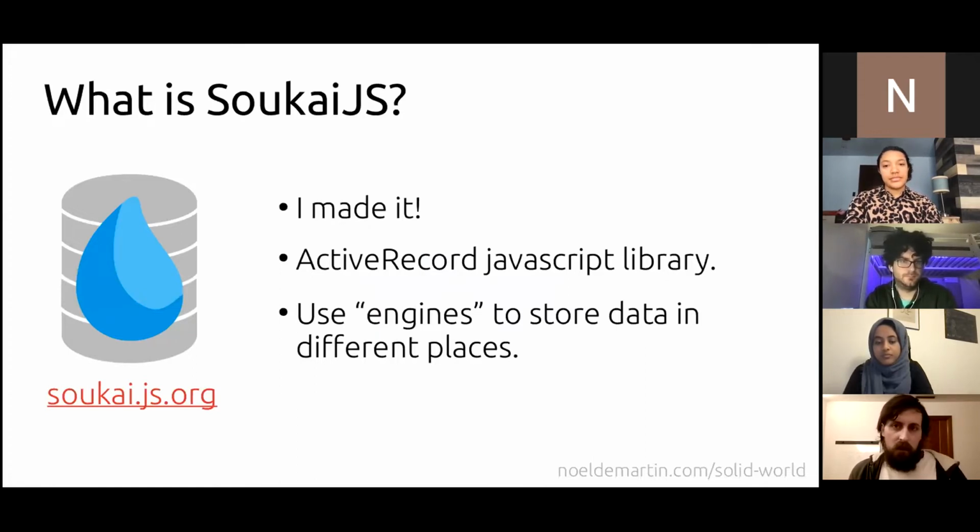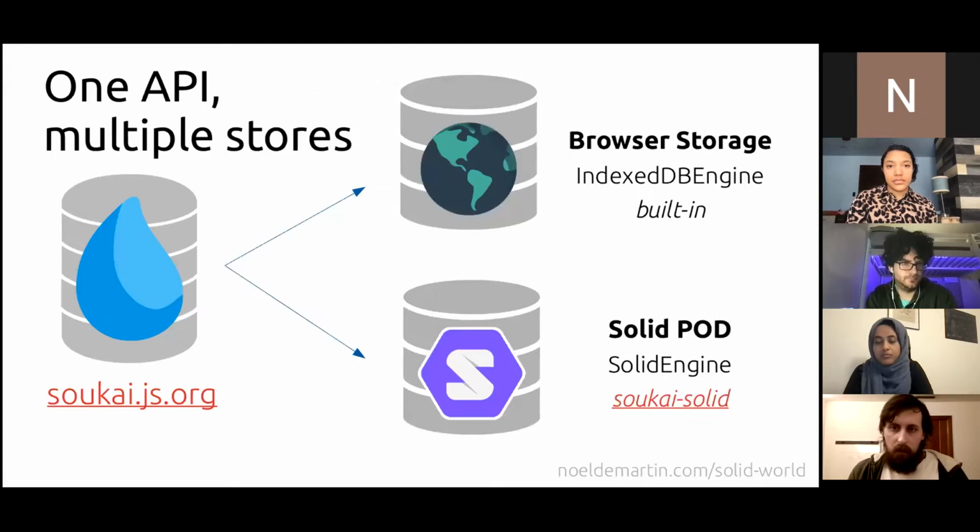You can also search about this pattern online if you want to know more. And the idea is that you can use different engines, and each engine determines where the data will be stored, right? So for example, in Media Kraken, I am using the IndexedDB engine to store in the browser storage, and the Solid engine to store data in a Solid pod.